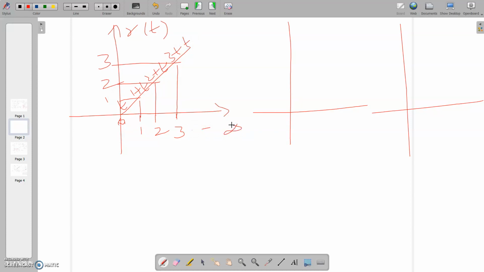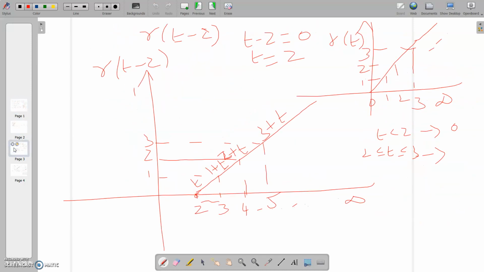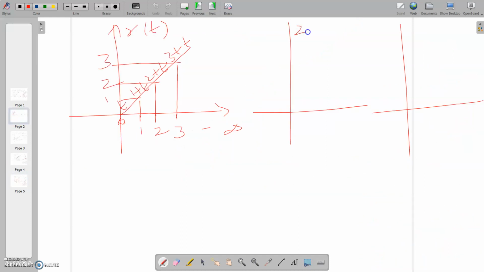What about your second signal? Second signal is 2 into r of t minus 1. So you have to start with the 1, right? So 1, 2, 3 and 4, and so on.